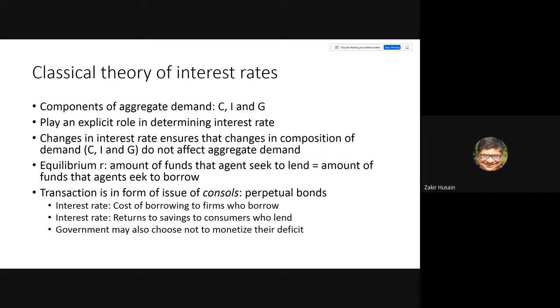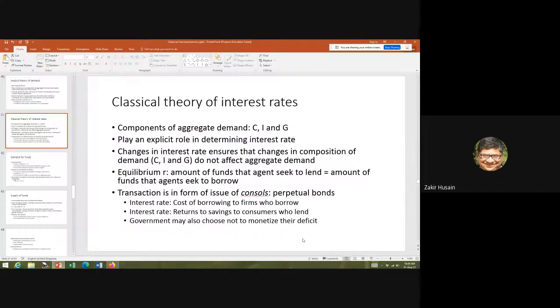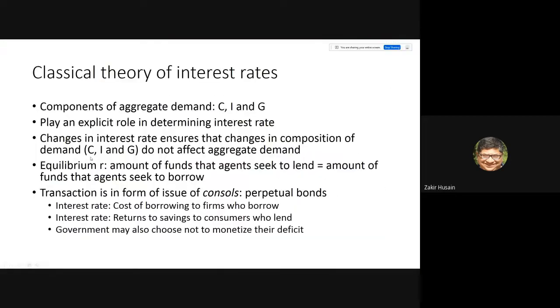Okay. Now, how is the equilibrium rate of interest determined? You know the theory. It is the loanable funds theory. And the equilibrium rate of interest, it basically assumes that you have two groups of people.